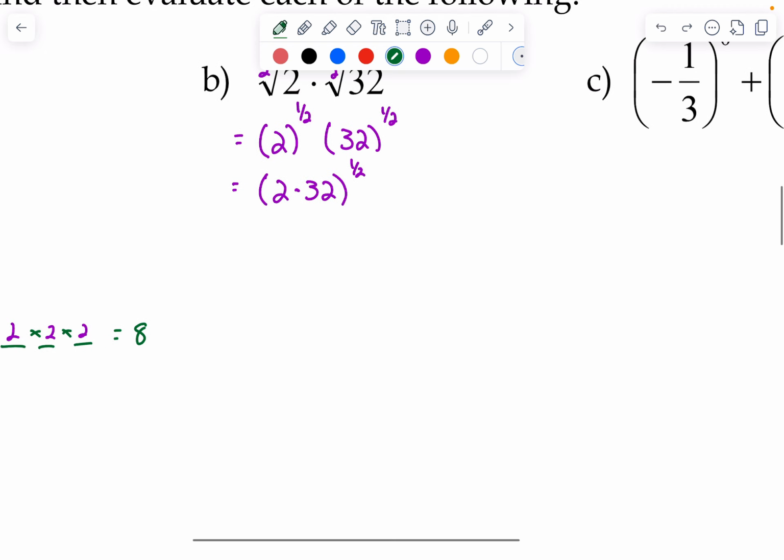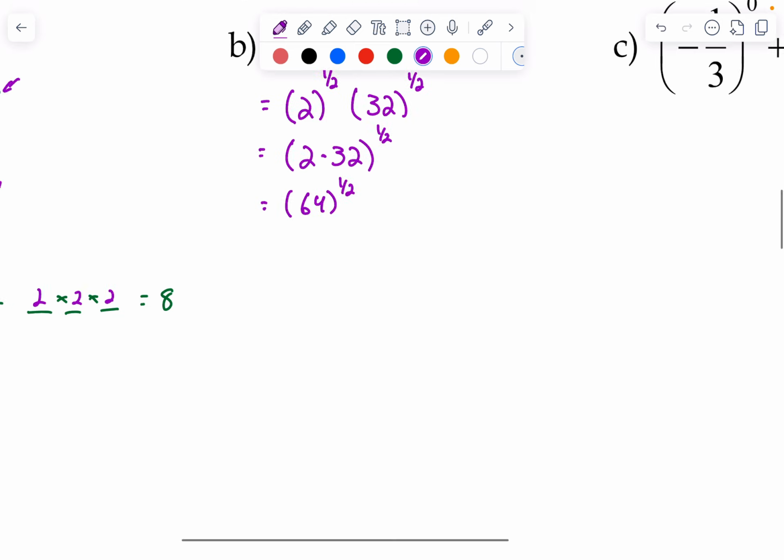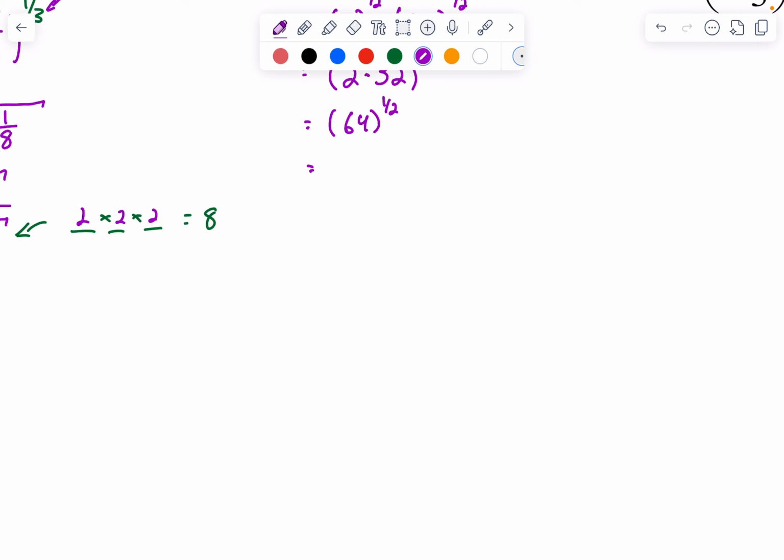All right, what's on the inside of the bracket? 2 times 32, that is 64, put to the power of 1/2. Well, what is the square root of 64? 8.